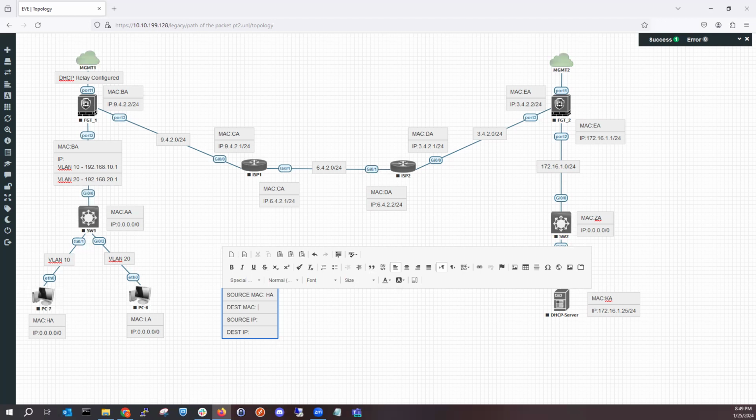Because again, it's trying to get an IP address. Since it's trying to get its IP address, it'll go to the default route.